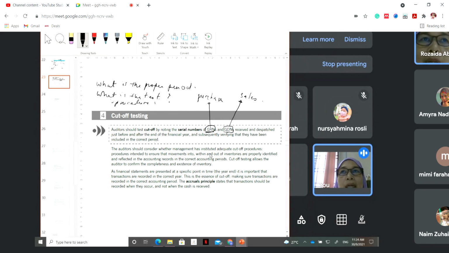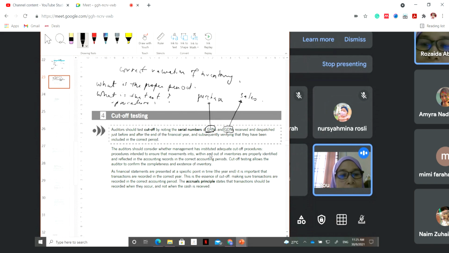From the auditor's perspective, we are now going to get a correct valuation of inventory. So that's why you perform the cut off.